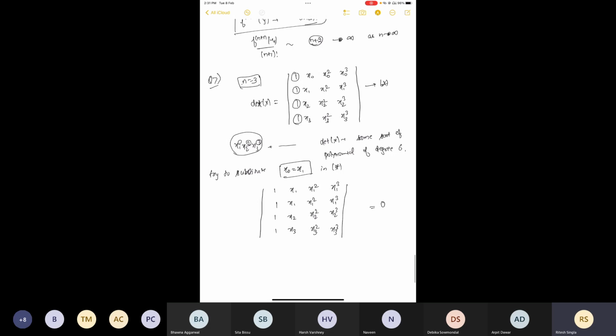Which is 0 because two rows are identical. Are you getting this? I am not doing anything, I am just substituting x naught equal to x1 for the time being.